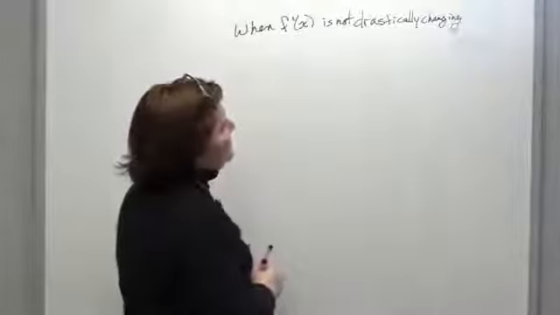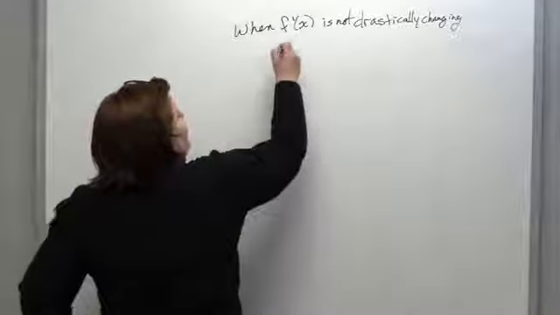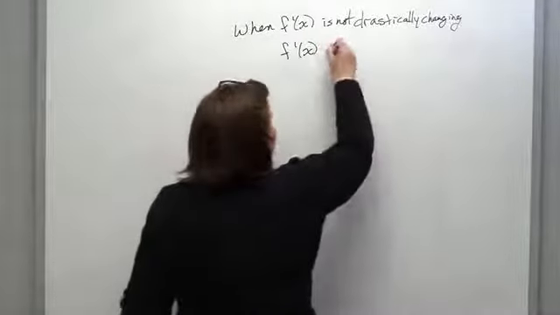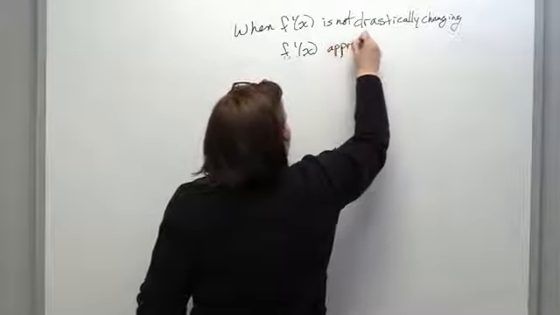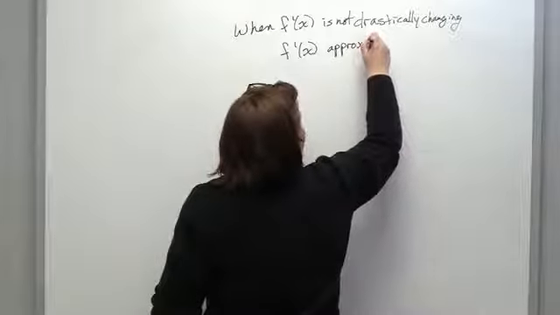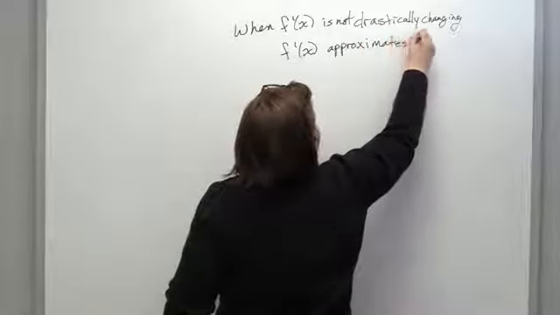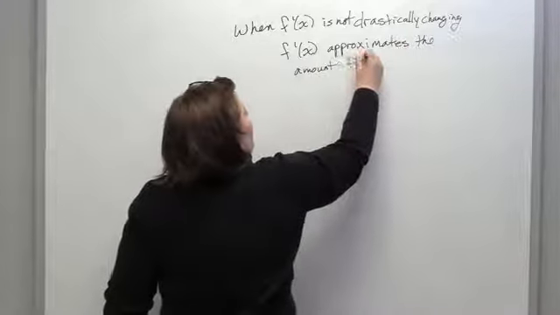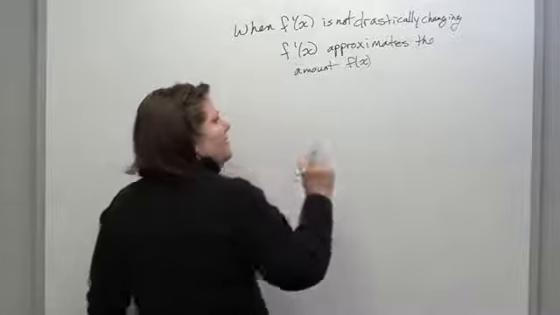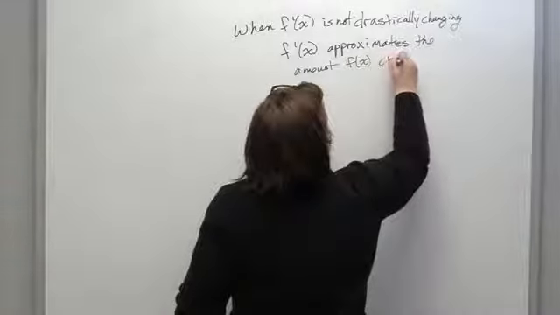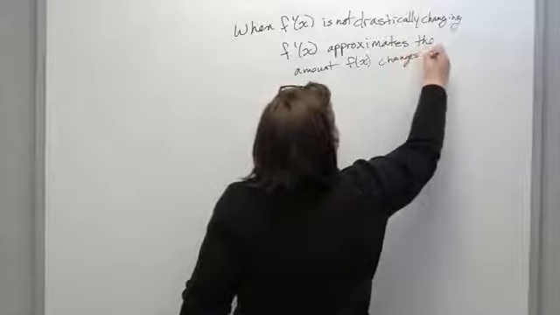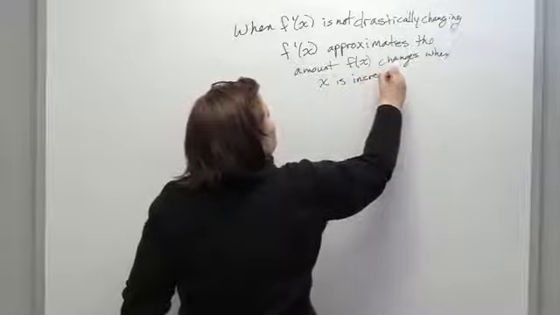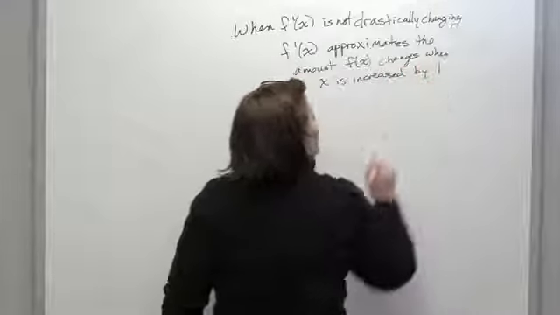But when f prime of x is not drastically changing, f prime of x gives us an approximation of the amount f of x changes, whatever that is, when x is increased by 1.